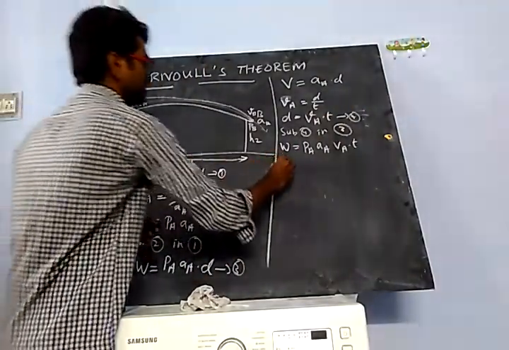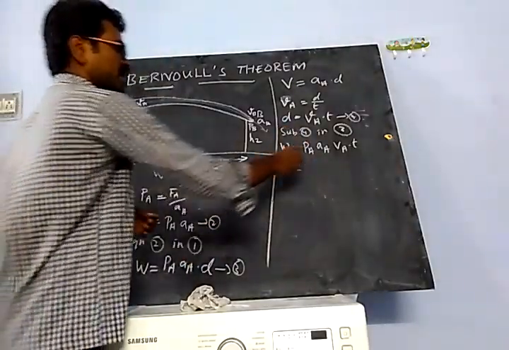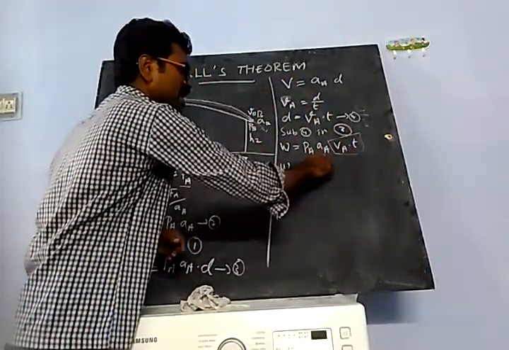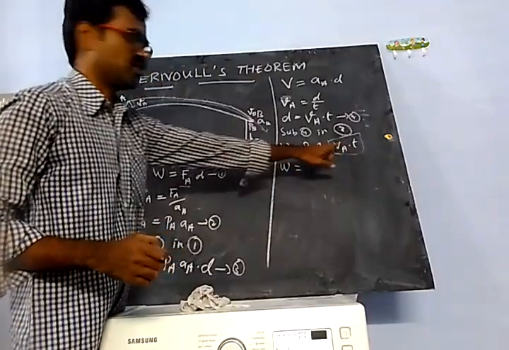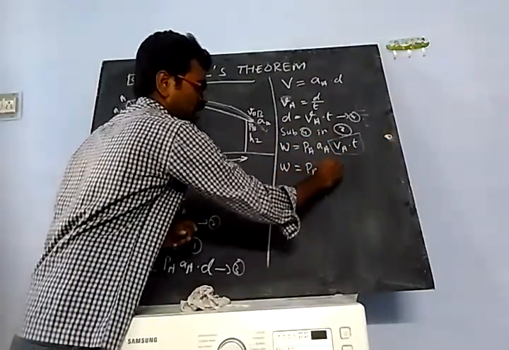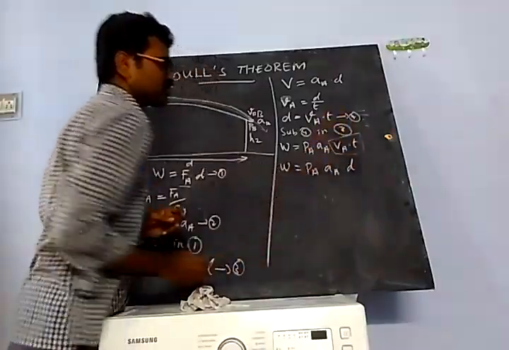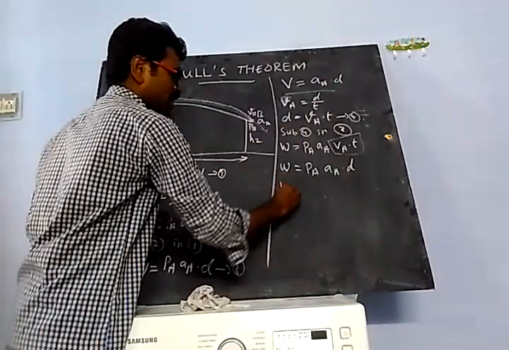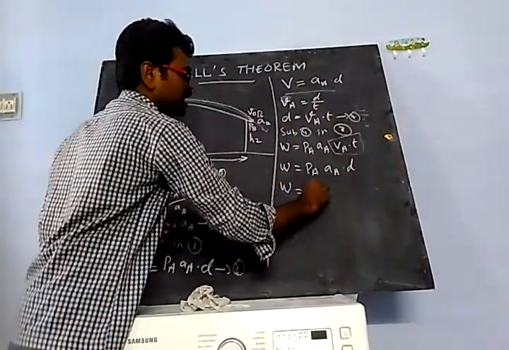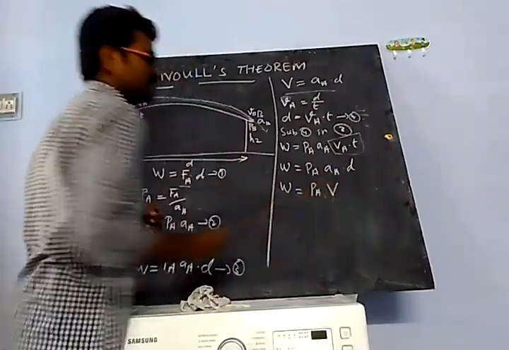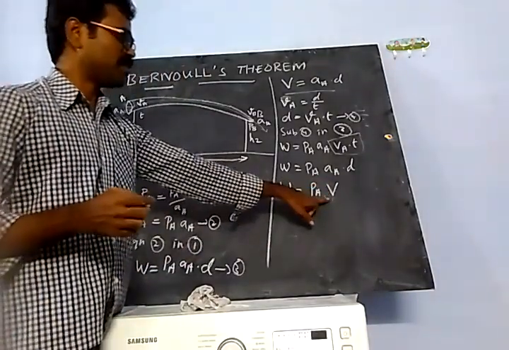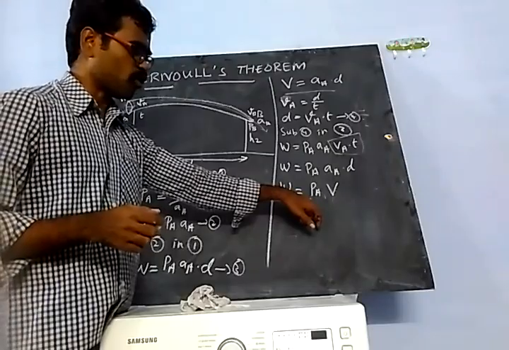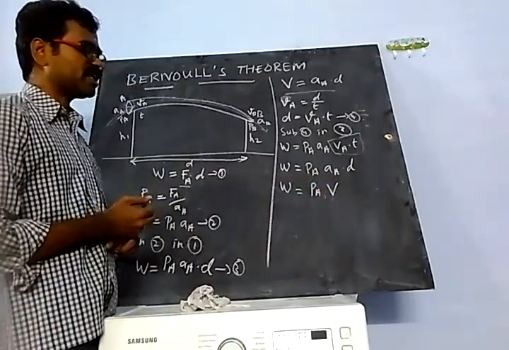Then work done is equal to P_A A_A into d. Area into distance, what is this now? Volume. So work done W is equal to P_A into volume. So work done is equal to pressure at the point A into volume of that liquid.